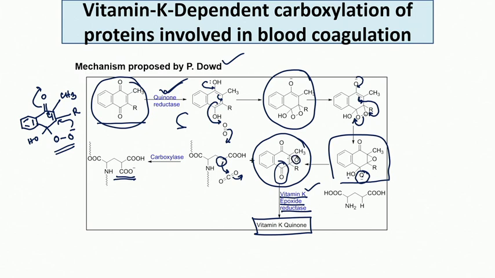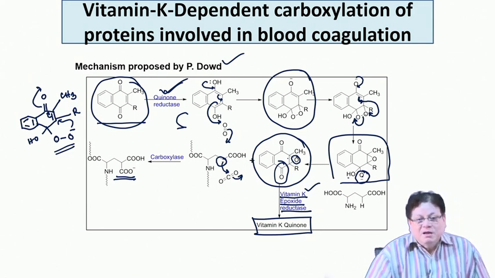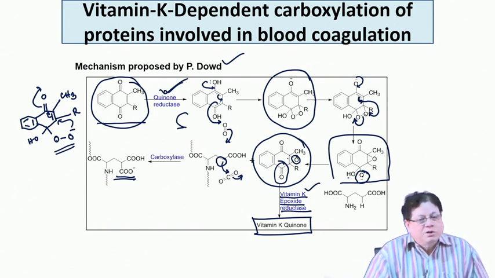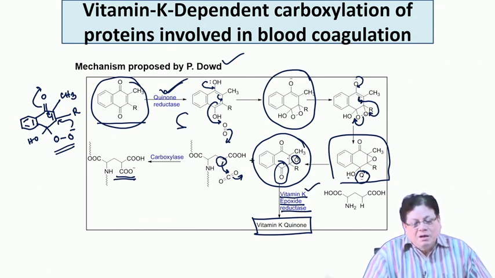This is a very important enzyme, because if it is inhibited, your next cycle of reactions will not take place, and that will affect the formation of mature prothrombin. Affecting mature prothrombin is a problem, because immature prothrombin will not be converted to thrombin, and if there is no thrombin, then fibrin cannot be formed from fibrinogen.